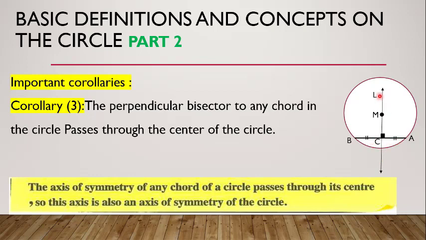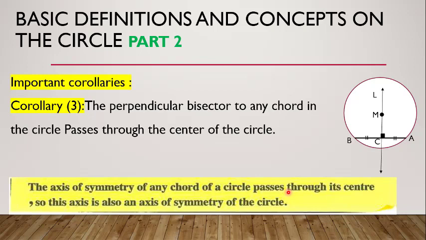If a line bisects a chord and is perpendicular to this chord, then this straight line will pass through the center M. And as we know, the axis of symmetry of any chord, it means the line which bisects the chord and is perpendicular to this chord, so it will pass through the center.